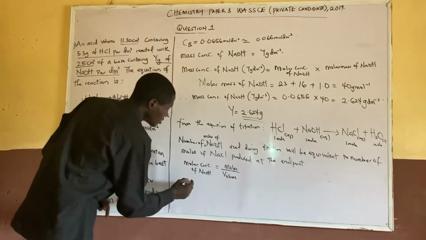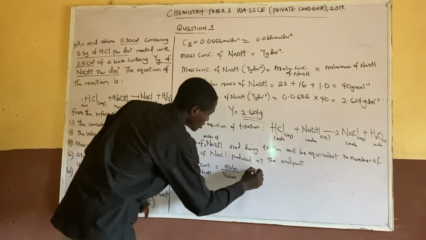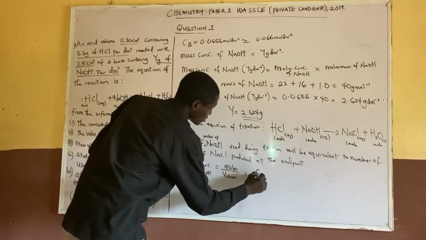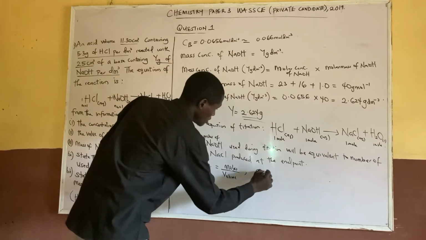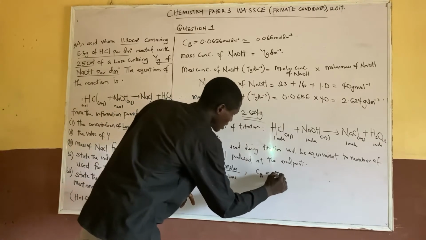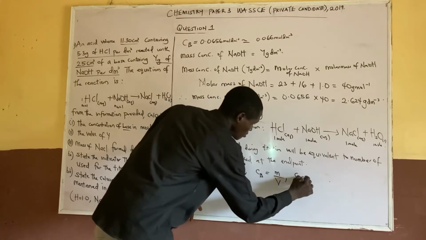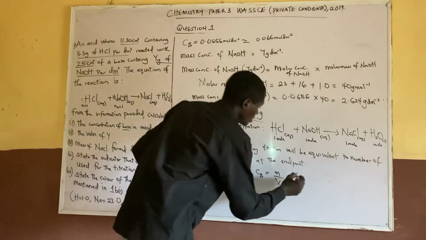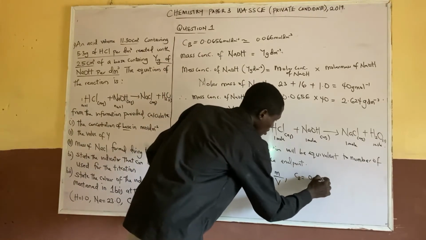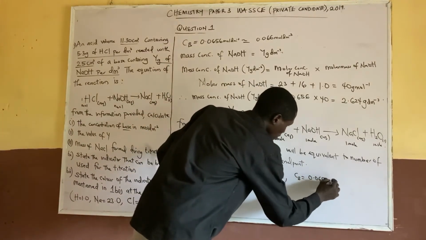Given that the molar concentration, which is Cb, equals moles all over volume, and this Cb is obtained here as 0.0656 mole per dm3.